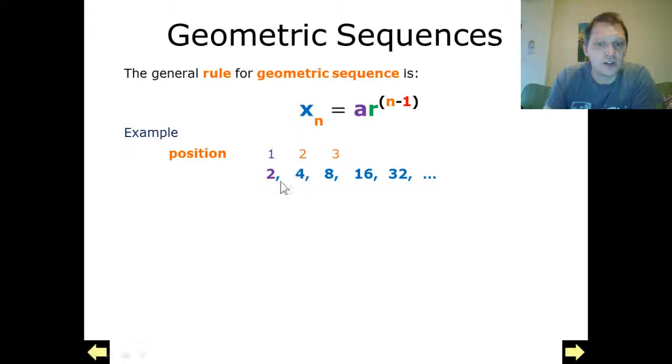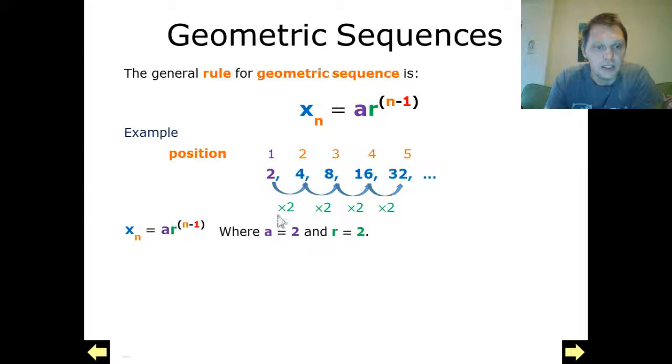So here I've got my sequence that we saw before, 2, 4, 8, 16, and 32. And as we saw before, it's multiplying by 2 each time. So we could be asked to generate a sequence for this rule, where A equals 2. So our A will be substituted in for 2, and R equals 2.